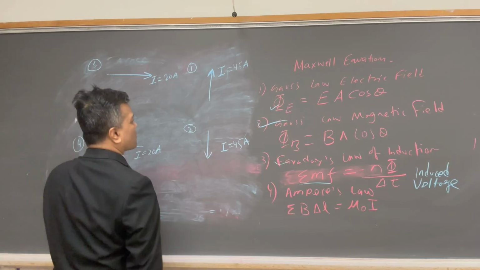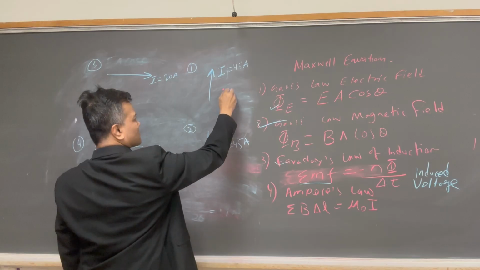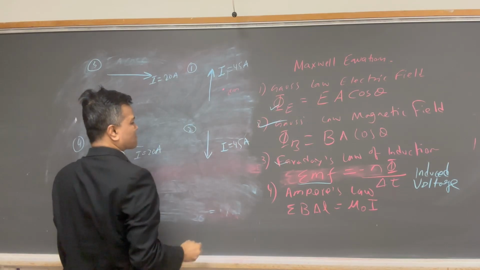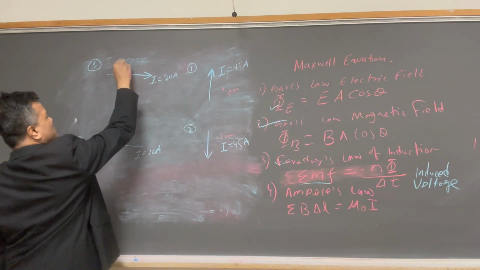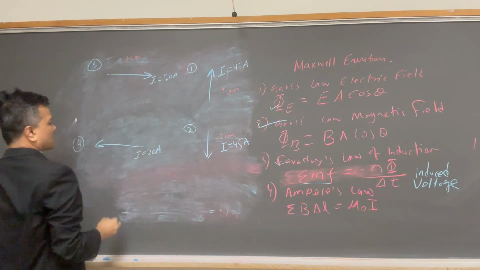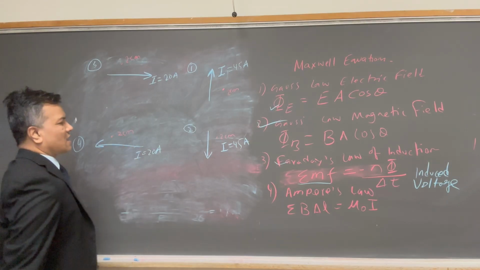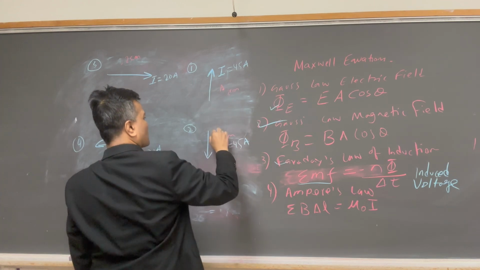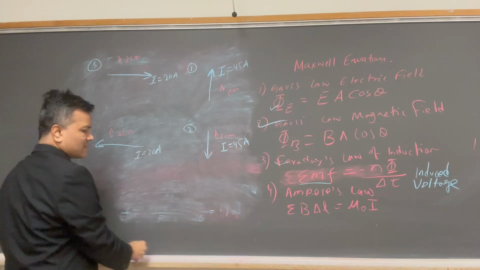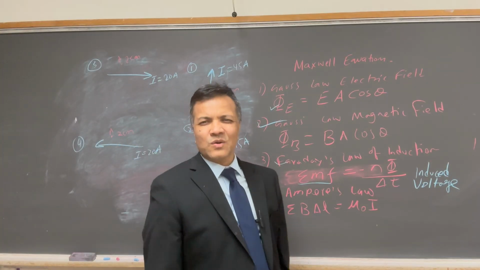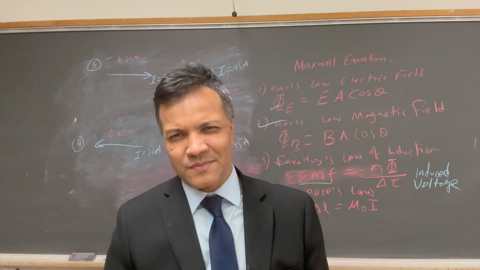In all four scenarios, we're going to try to find the field 2 centimeter from the wire. You're going to call this location A. You're going to find the field at location A, which is 2 centimeter from the wire that carries the current and creates the field.